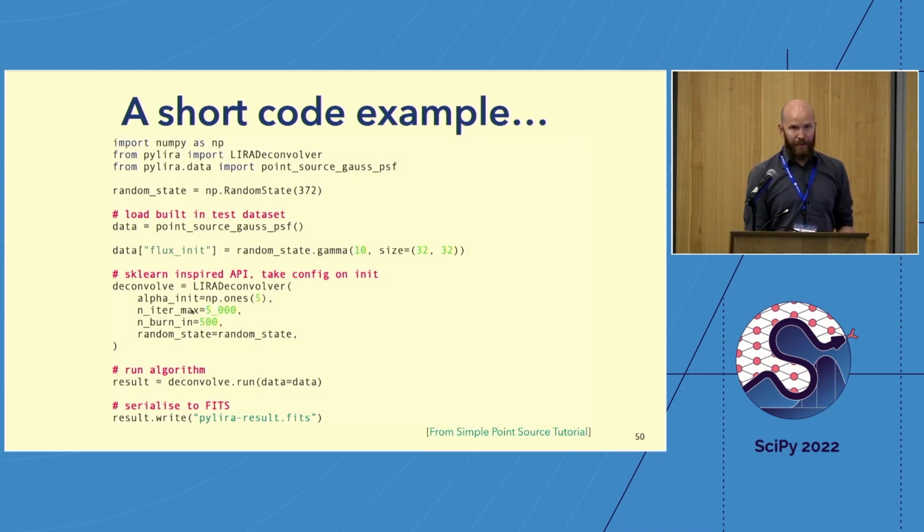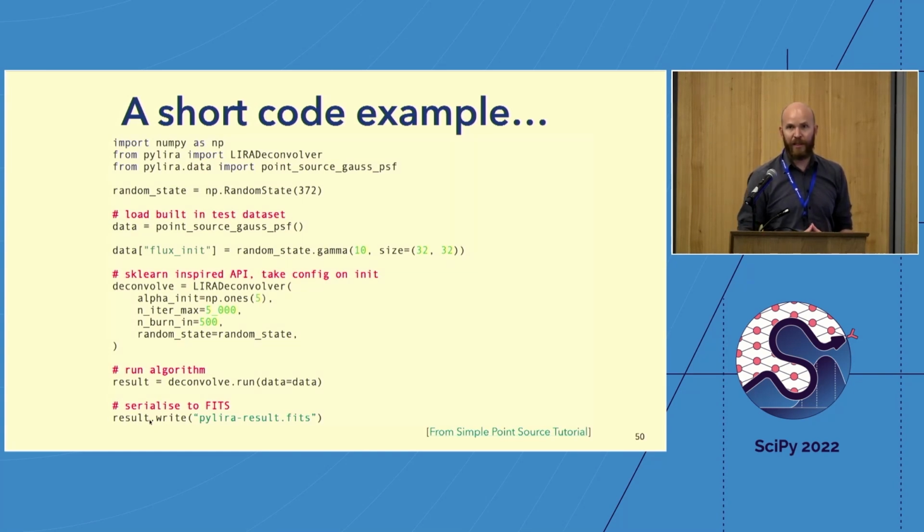Then you can specify the maximum number of iterations and the maximum number of samples that you want to draw, and then you can define a burn-in phase for the MCMC chain to actually converge. Then you can run the algorithm, then the result is going to be stored in a result object, and then you can just write the result, for example, to a FITS file.